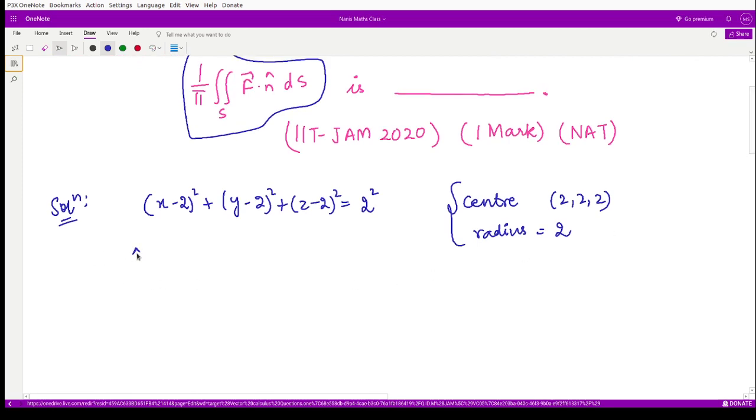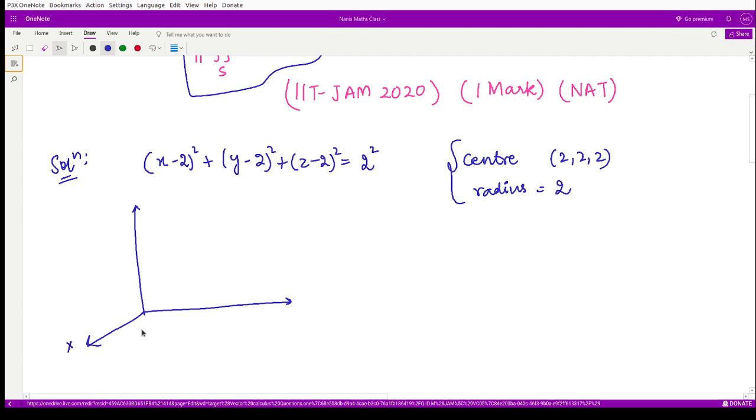So first of all, the first step always is to visualize the given region. So suppose this is your x-axis, this is your y-axis, and this is your z-axis. This point is origin. Because we have center at the point (2, 2, 2), and its radius is also 2, so we would have a sphere somewhere like this, right?